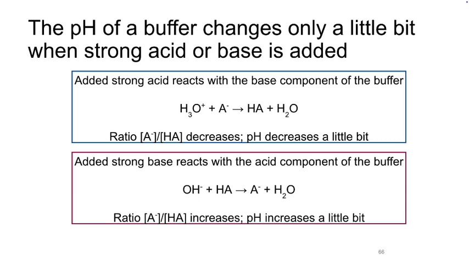If we limit the presence of either the hydroxide or the acid, we would expect a relatively minimal change in our pH. This is the point of our buffer. That's what it's trying to do.